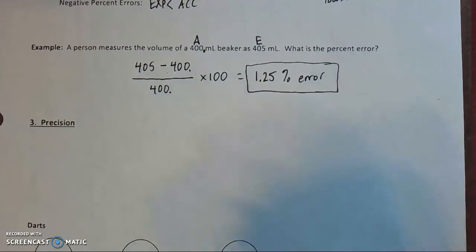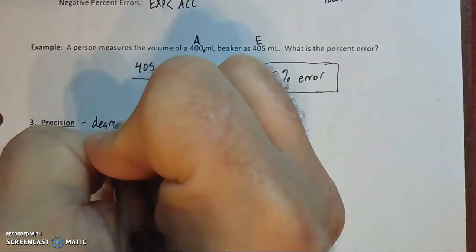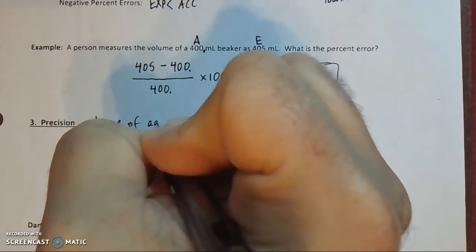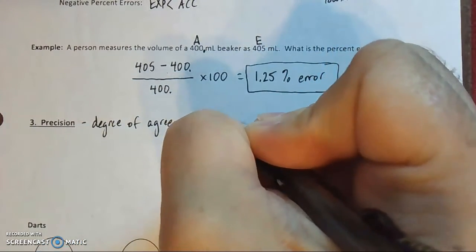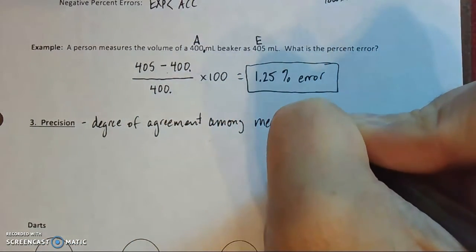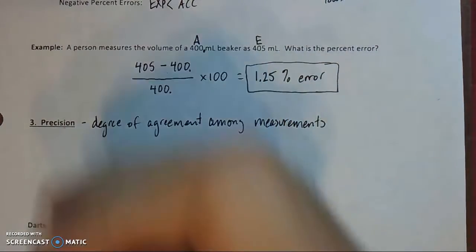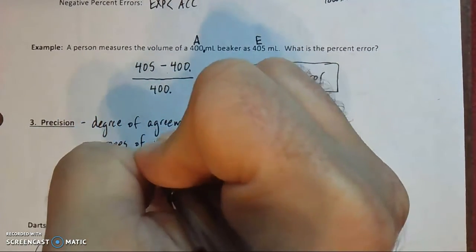Precision, on the other hand, is a degree of agreement among measurements. So basically, we're looking at groups of measurements.